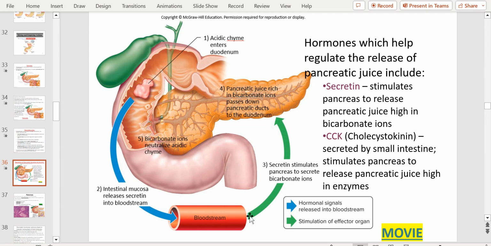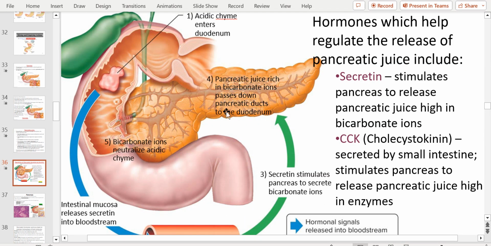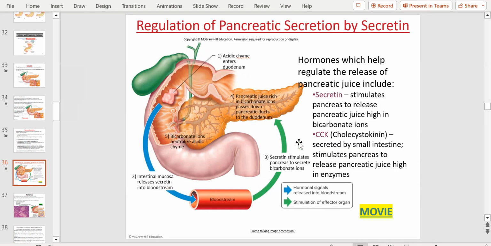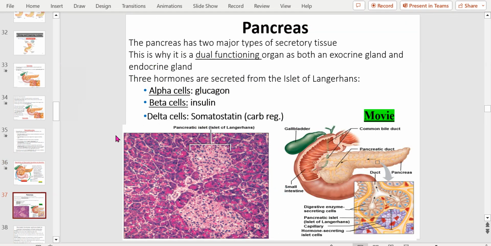The secretin stimulates the pancreas to secrete bicarbonate ions. Pancreatic juice rich in bicarbonate ions passes down the pancreatic duct to the duodenum, down here, where the bicarbonate ions neutralize the acidic chyme. That's how the whole thing goes in a nutshell. There's a beauty movie for you to watch as well.